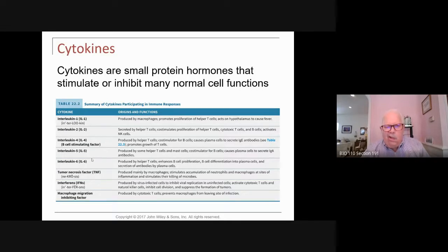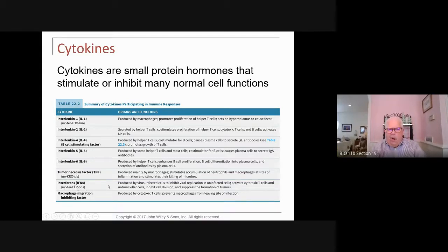Just know that interleukins are cytokines, and they promote the proliferation of CD4 cells. They promote the proliferation of helper cells. Another big one are interferons.